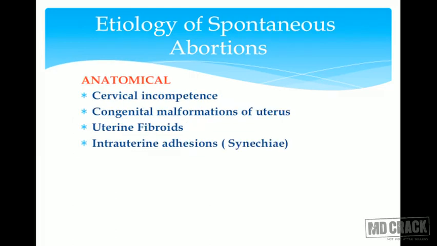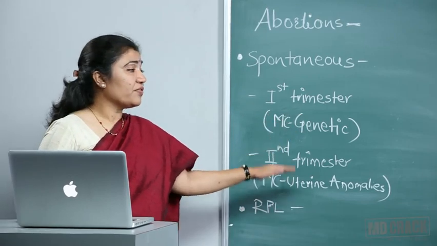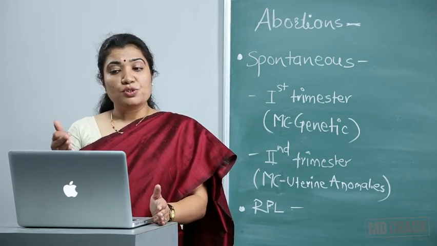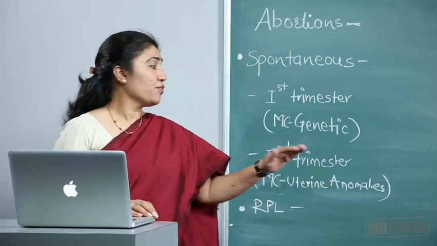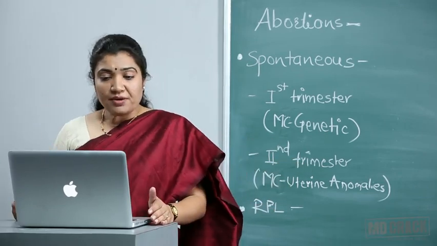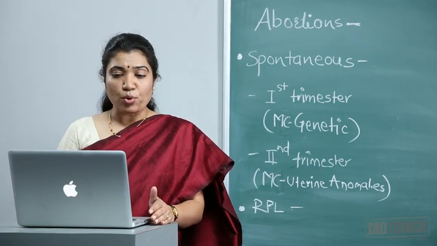Anatomical causes. As you can see on the board, in second trimester abortion I have written uterine anomalies, that means anatomical causes. So this cause is more important from the second trimester point of view. In second trimester, these are the most common causes which will lead to abortion.